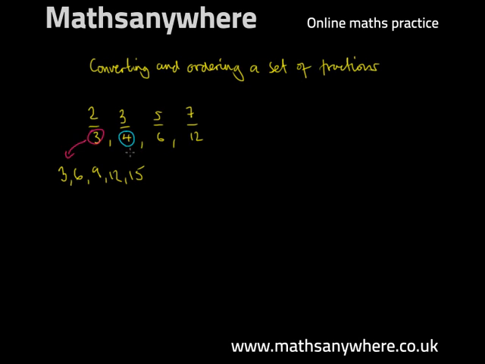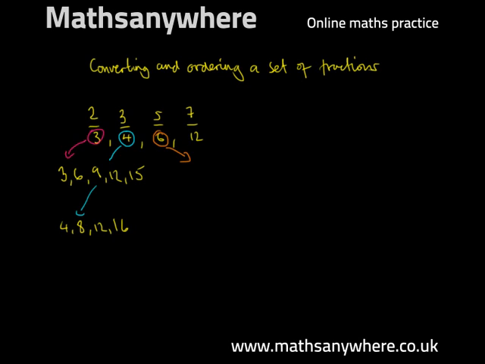The next denominator we'll look at is the 4 of the 3/4, and we know that 4 appears in the 4 times table. We've got 8, we've got 12, and 16. We'll stop there for now. And then look at the number on the bottom of 5/6, the 6.